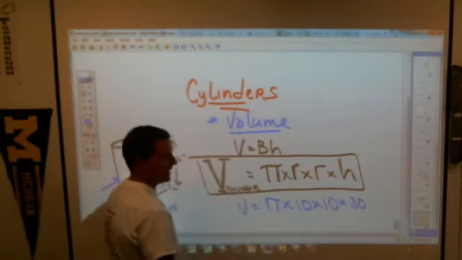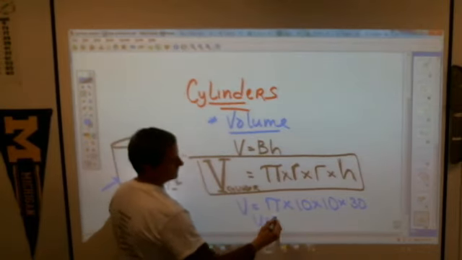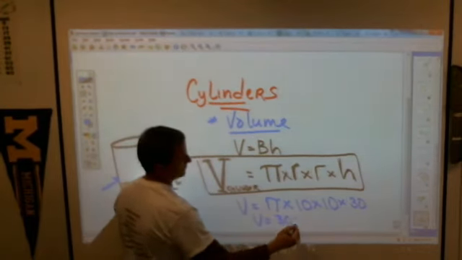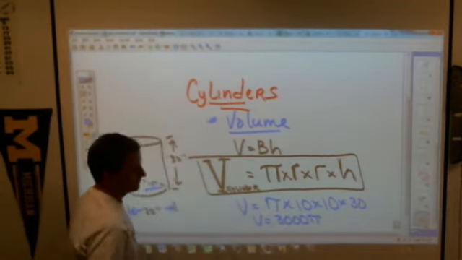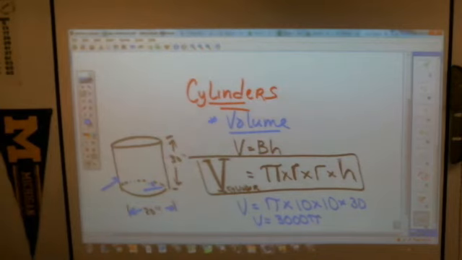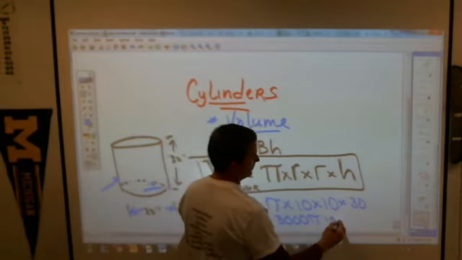So in terms of pi, it would be 10 times 10 times 30? 3,000 pi. Which really wouldn't be that bad a multiplication, but we'll just leave it like that. And it is also in cubic inches, so inches cubed.